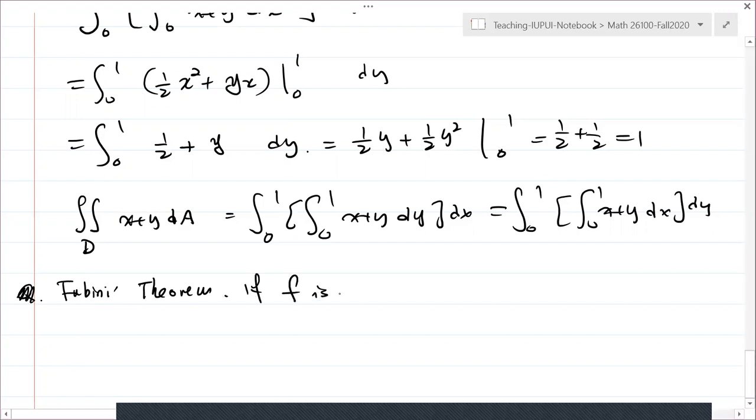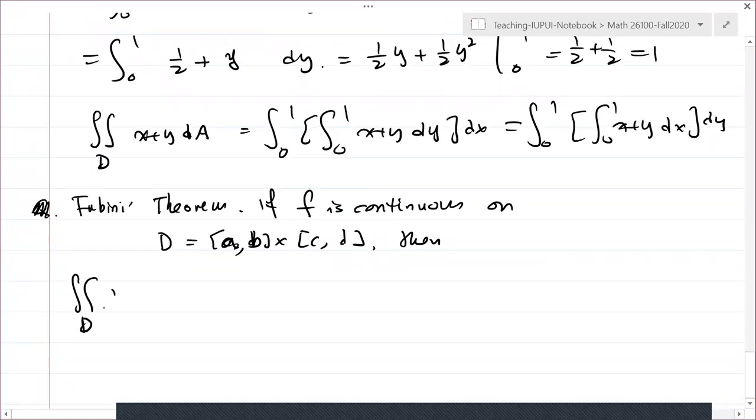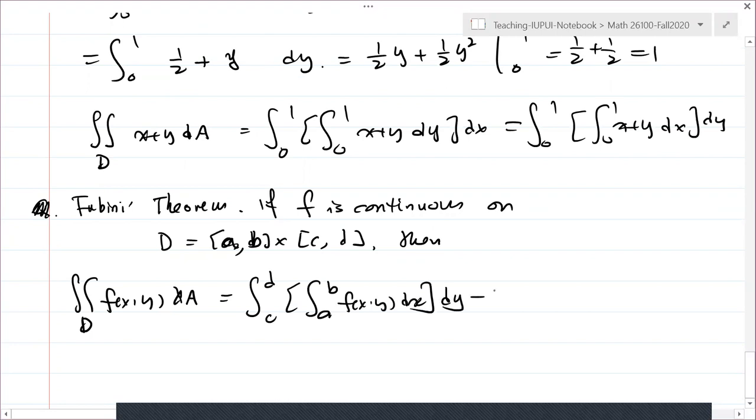If f is continuous on D, which is [a, b] times [c, d], then this double integral, according to Riemann, exists. Then this is going to be the iterative integral, okay? So you can do c to d first and a to b inside, and this is the integral with respect to x first, then dy, and also you can change the order.